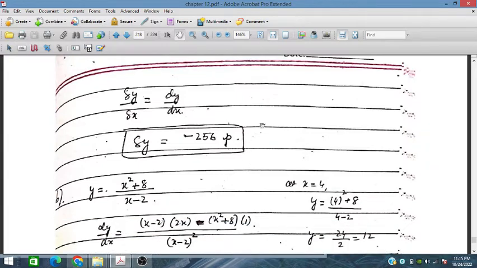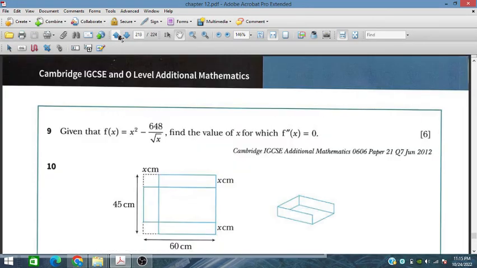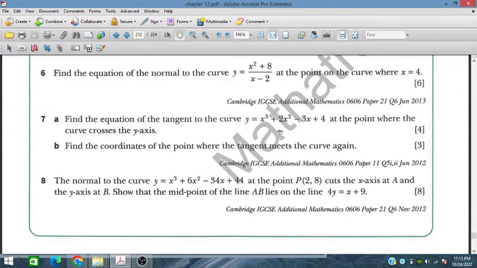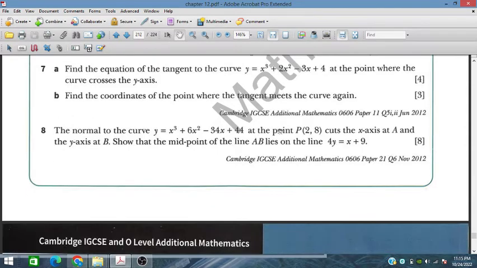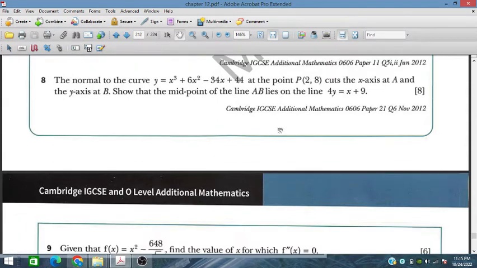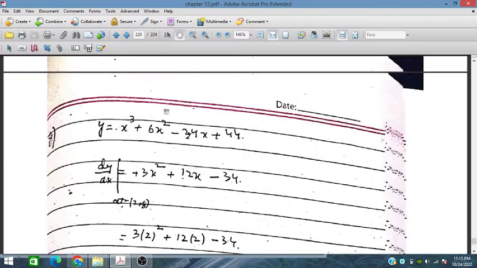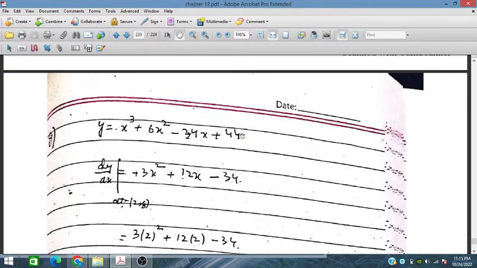Now problem number 8. So we have y is equal to this.